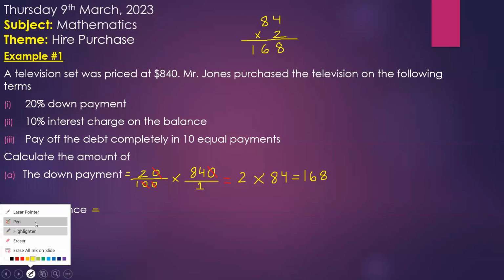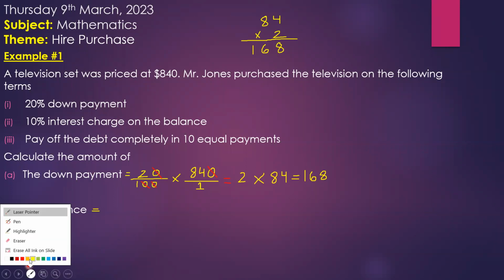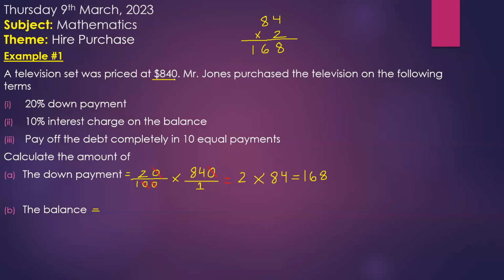Remember, he pays a down payment. After he paid his down payment, how much is left that he has to pay? So you subtract 168 from 840. Yes, that's the cash price minus the deposit. That's his balance: 840 minus 168.